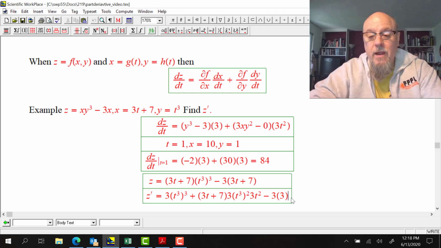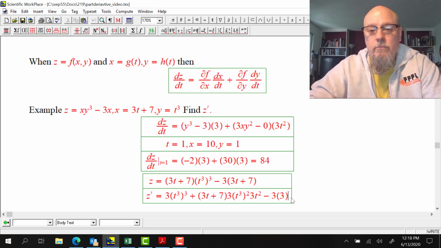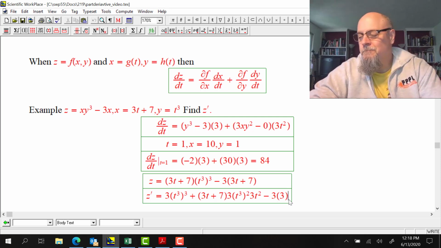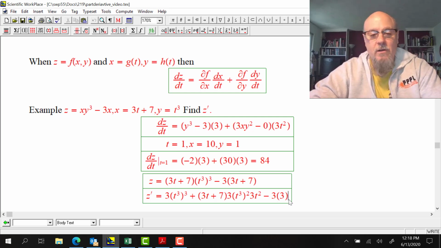And here's my answer. And young me would have argued, oh, this is even better, because if the question was, what's the slope when t is equal to 1, I don't have to figure out the x's and the y's. I can just plug 1 all the way in here and get the value. I've gotten rid of those x and y's. Didn't need them. Now, old me, the one making the video, would say, well, yeah, this is the right answer, and it did look easier, but you've destroyed some of the actual flavor of the math.